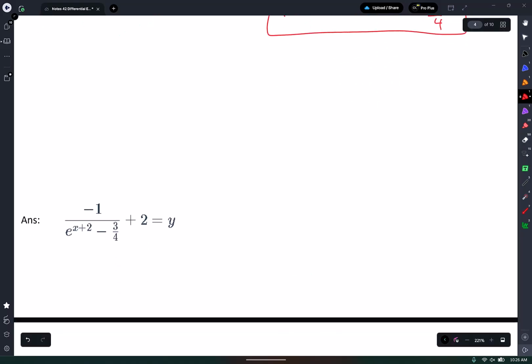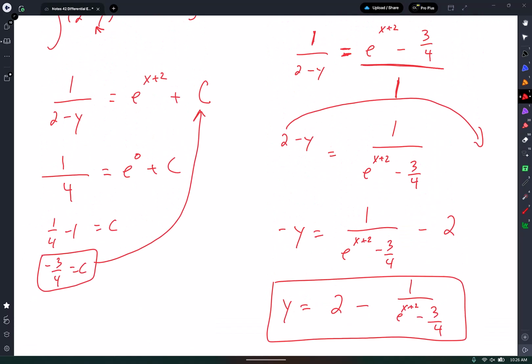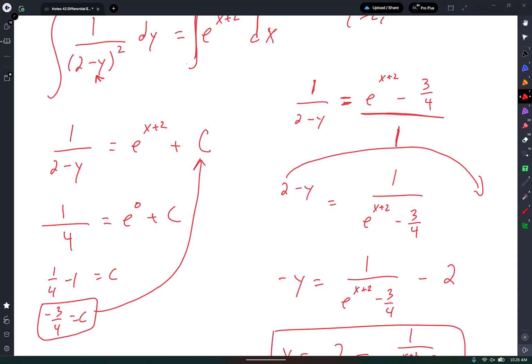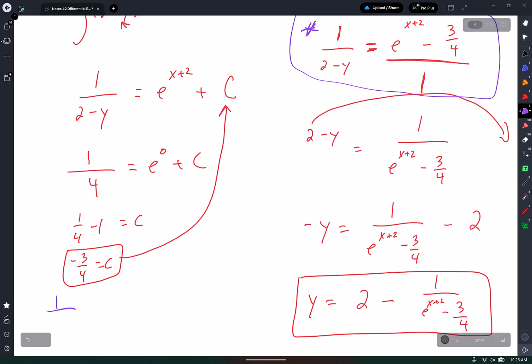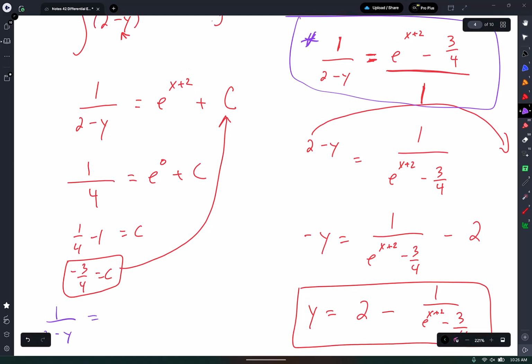Okay, let me show you where I would have made a difference. I'm going to put a star here on this one. I wouldn't call it the Chavez way, but it's what I would like. You guys ready? I would do it like this. 1 over 2 minus y equals e to the x plus 2 minus 3/4.